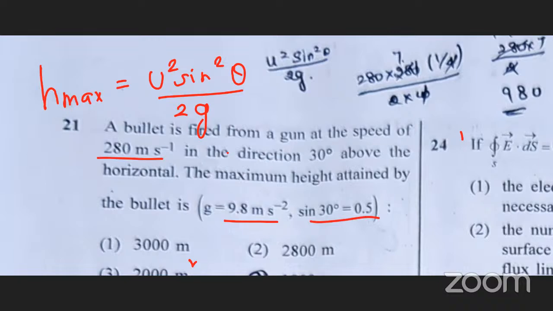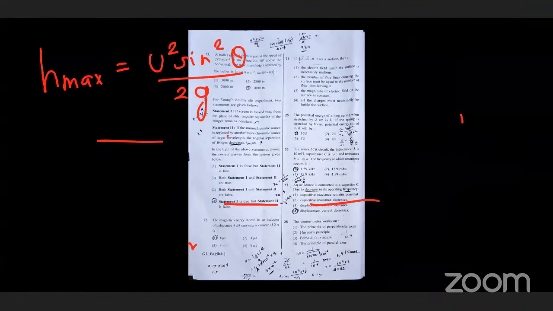Applying all these values: 280 square into 0.5 square, whole divided by 2 into 9.8.